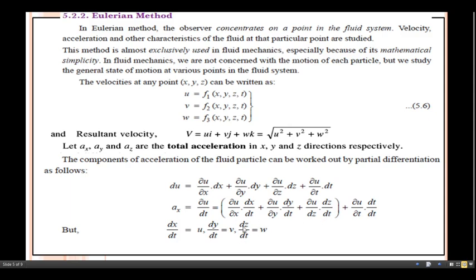So what is the meaning of this one? It is the rate of change of displacement along the z direction with respect to time t. As we know, the velocity in the z direction we have assumed as w. So easily you can replace these by u, v and w. Here dt gets cancelled, and just see in the next step what we get.